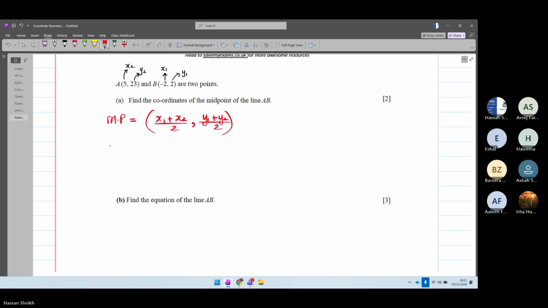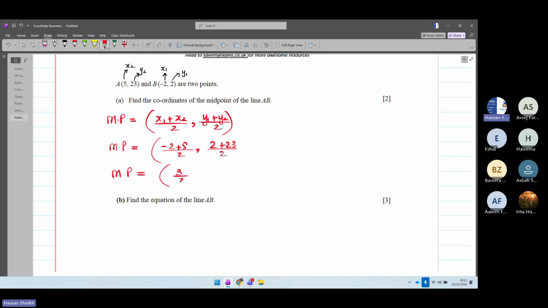Okay, now let's substitute. x1 plus x2 is minus 2 plus 5 over 2, comma, y1 plus y2 is 2 plus 23 over 2. Then the midpoint will be: minus 2 plus 5 is what? 3 over 2.